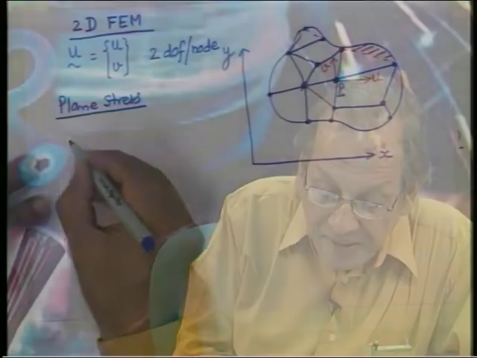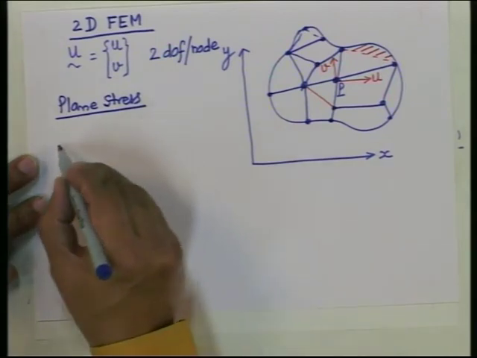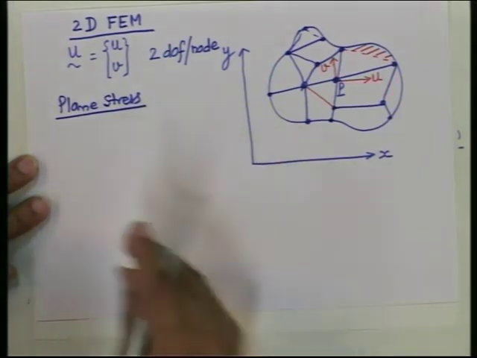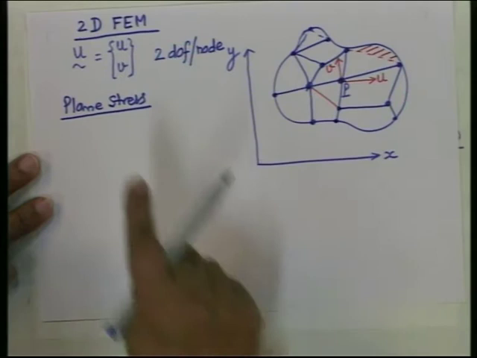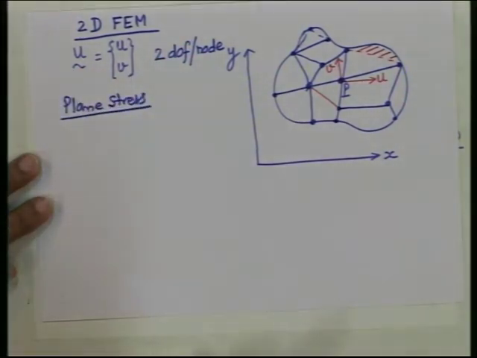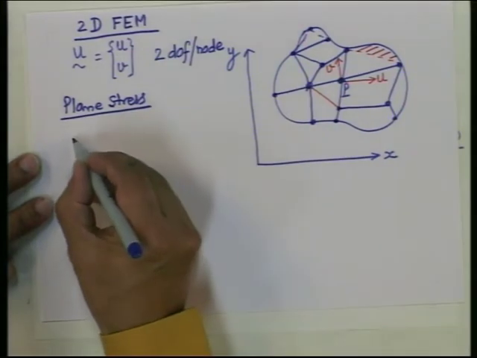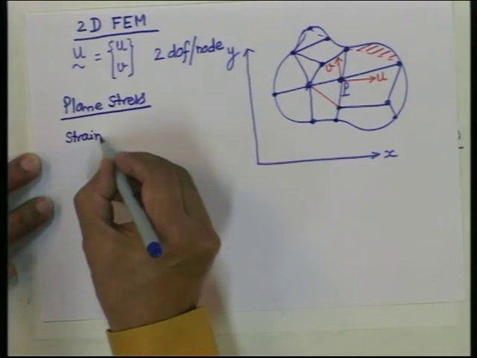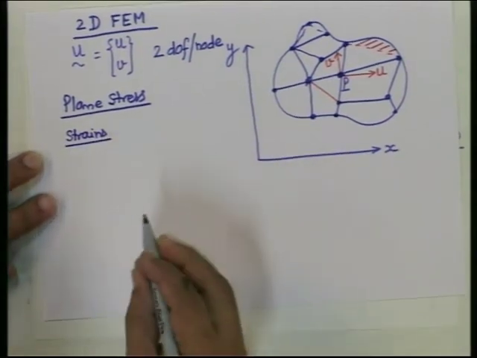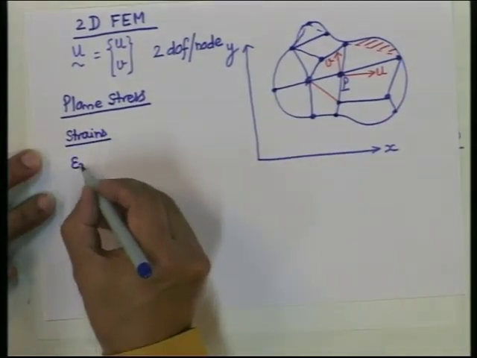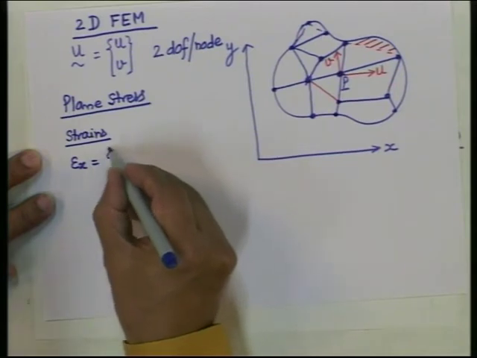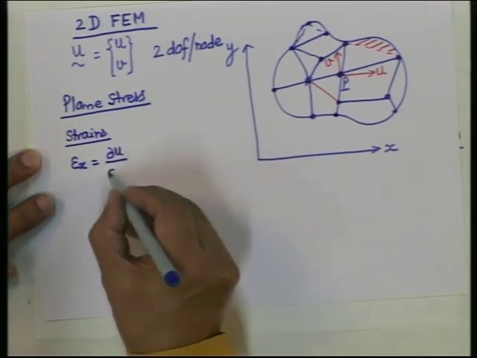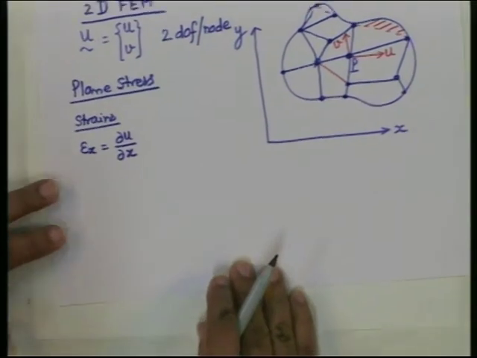So, plane stress problem, first of all, how are the strain displacement relations related? After displacement, every particle has got two displacements u and v. So, you have strains. How are the strains defined? For example, epsilon x strain is du by dx, simple.